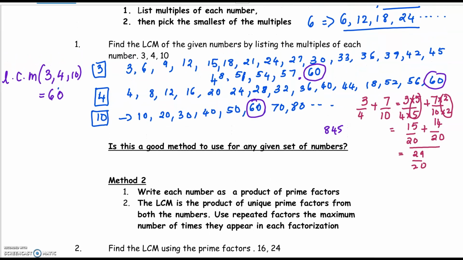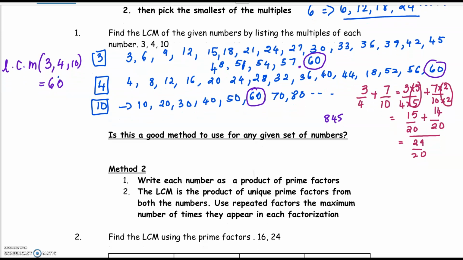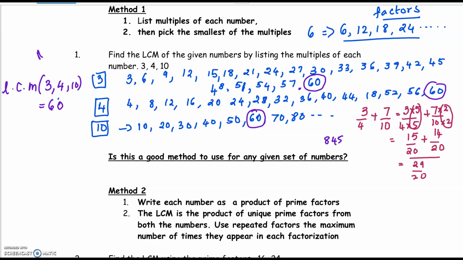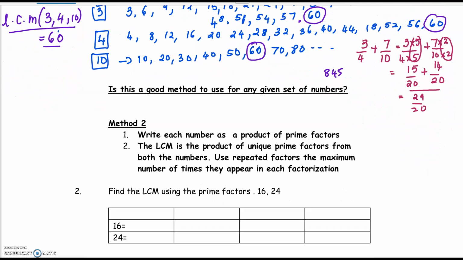So this method of listing multiples is not very efficient when it comes to numbers that are large. So we're going to look at two different methods. So this was the first method. This is a crude method. It takes long if the numbers are large. Just notice how long finding the LCM of 3, 4, and 10 took, because we were considering three numbers, and that makes the LCM larger in this case.